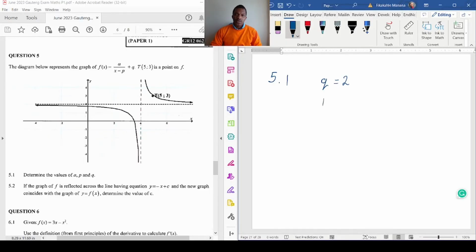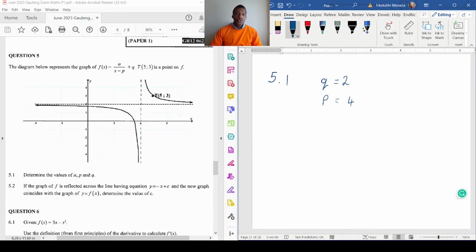The next easiest one is P, because it's the one passing the x-axis. And we can see it passes the x-axis at 4. Now, should it be minus? No, because they've already put a minus over there, so it shouldn't be a minus 4. It should be a positive 4.